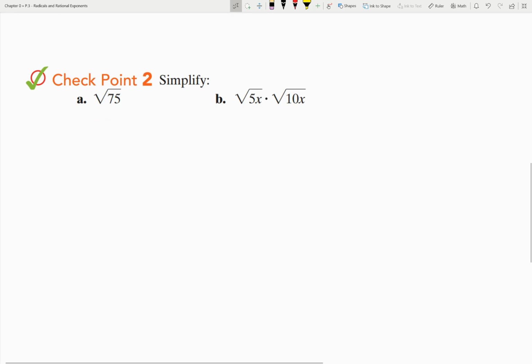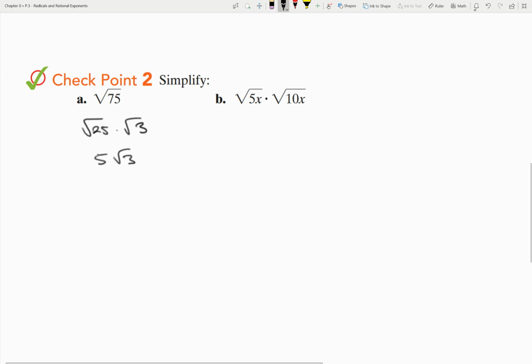One with a number again. So the square root of 75, I have to ask myself, what is the biggest perfect square factor that goes into 75? And I can separate that into the square root of 25 times the square root of 3, 25 times 3, 75. And so that would give me 5 square root 3.